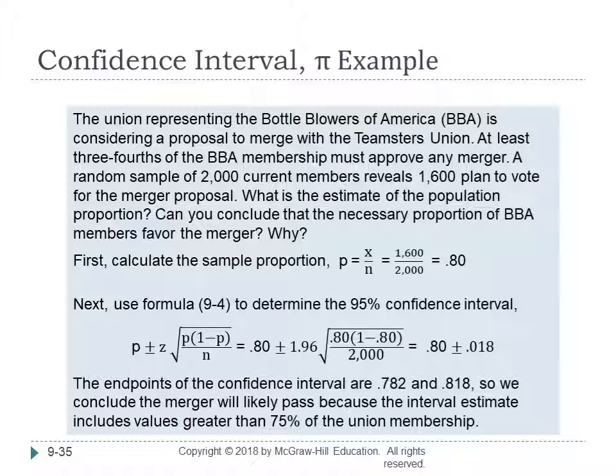Okay, the merger is likely to pass, and you need 75%. You need 3/4 of the members to vote for the merger, and the confidence interval tells you that there is 95% confidence that the proportion of people who will vote for it is between 78% and 82%. There is a very good chance you will have enough votes to approve the merger, since you only need 75%.